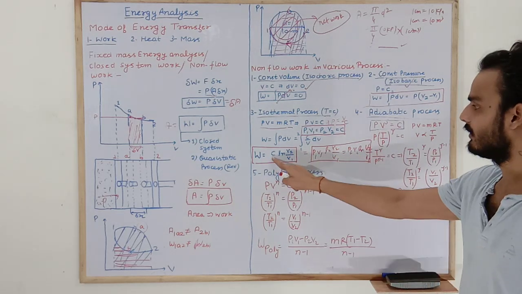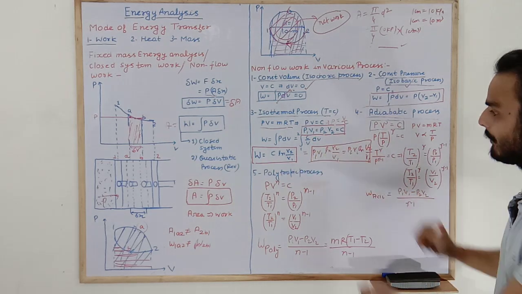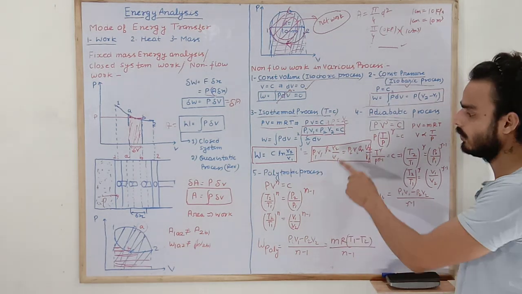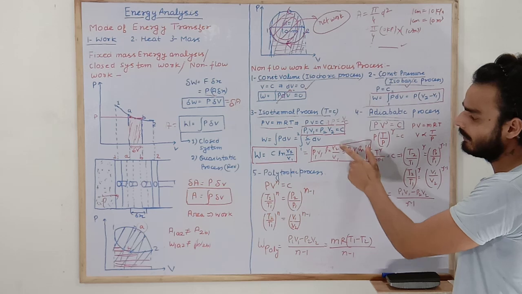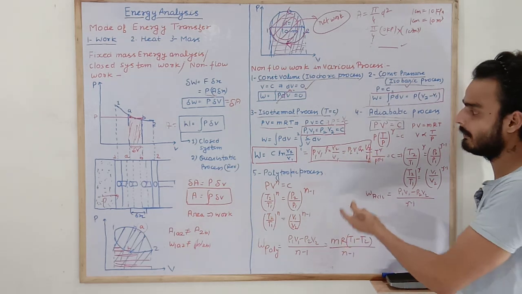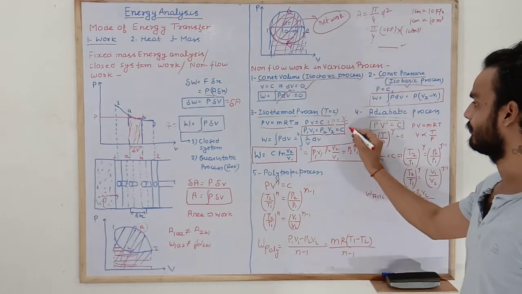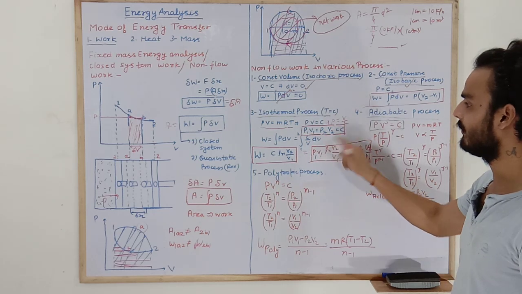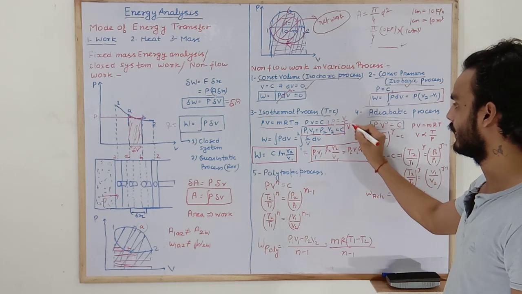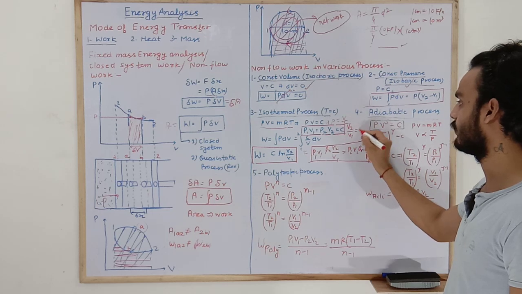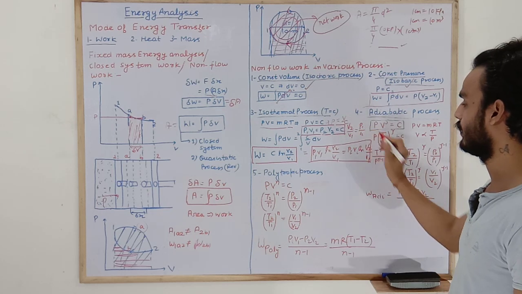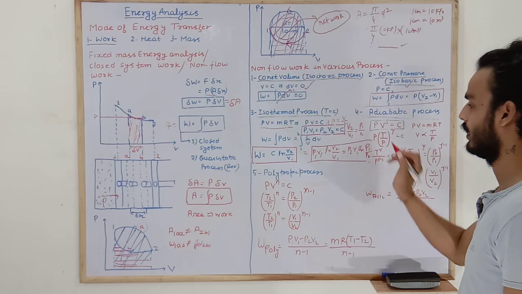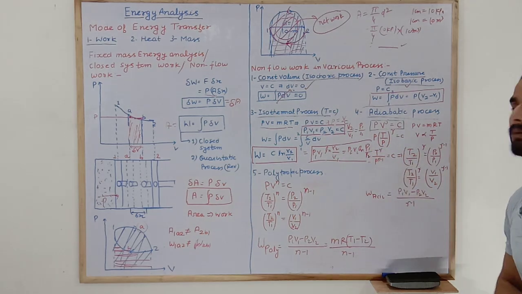Here C is equal to P1 V1 or P2 V2, so you can write either. Since P1 V1 is equal to P2 V2, V2 by V1 is equal to P1 by P2. So here you can also put P1 by P2. So this is the formula for the isothermal process.